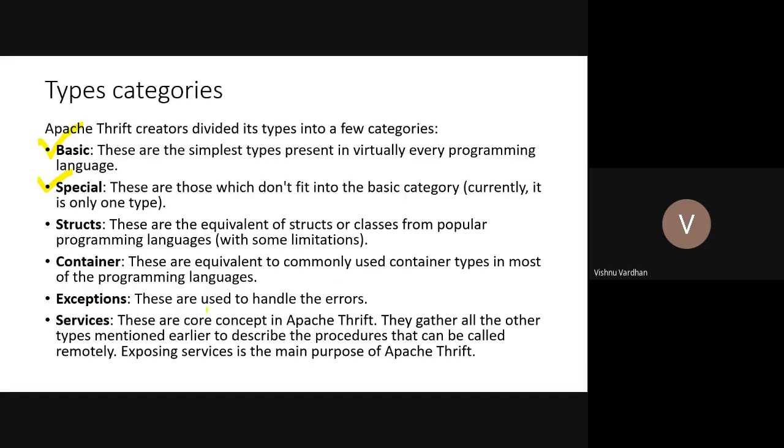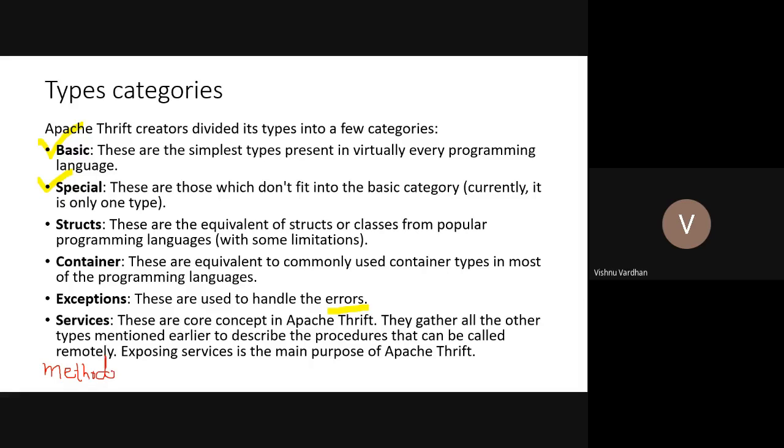And exceptions: these are used to handle errors. Services: these are a core concept in Thrift. They gather all the other types mentioned earlier to describe the procedures that can be called remotely. So services are nothing but methods.